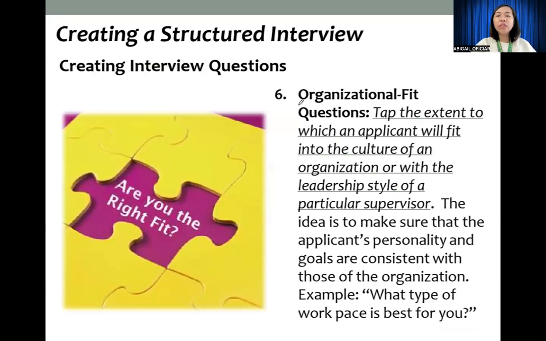Another question that we can create, or let's say organizational fit questions. These test the extent to which an applicant will fit into the culture of an organization or with the leadership style of a particular supervisor. So the idea is to make sure that the applicant's personality and goals are consistent with those of the organization. So example question, what type of workplace is best for you?